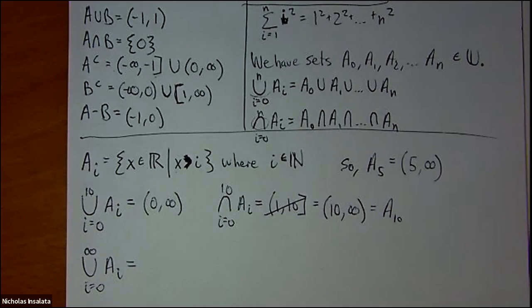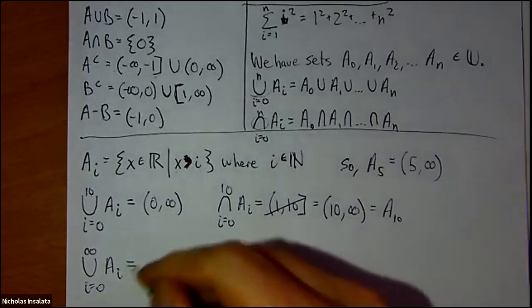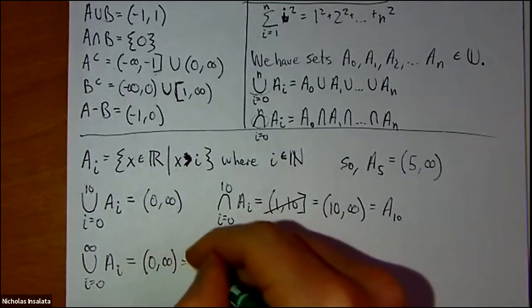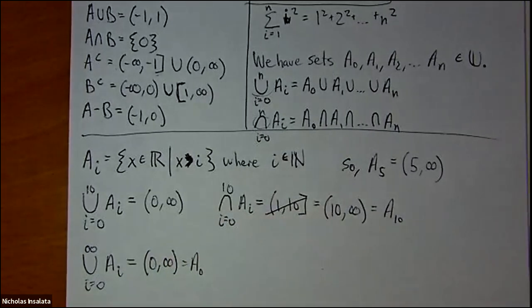This one maybe is a little trickier. So it's just equal to A0. Very good. It's just the open interval from 0 to infinity. And can you explain why, David?